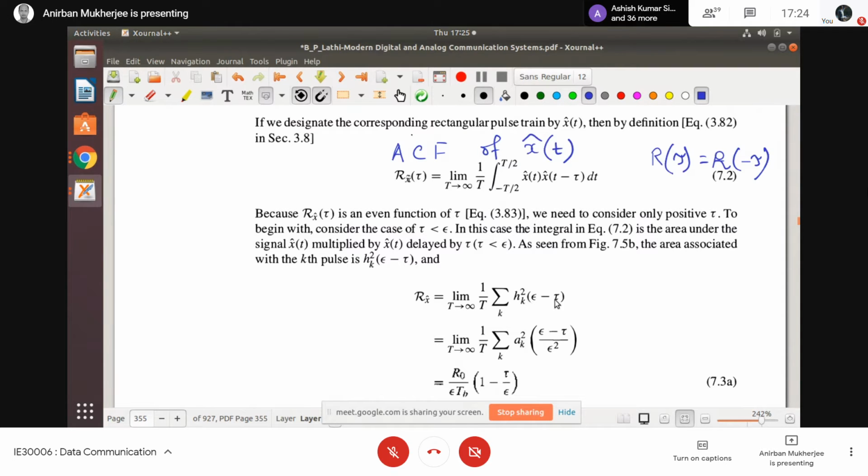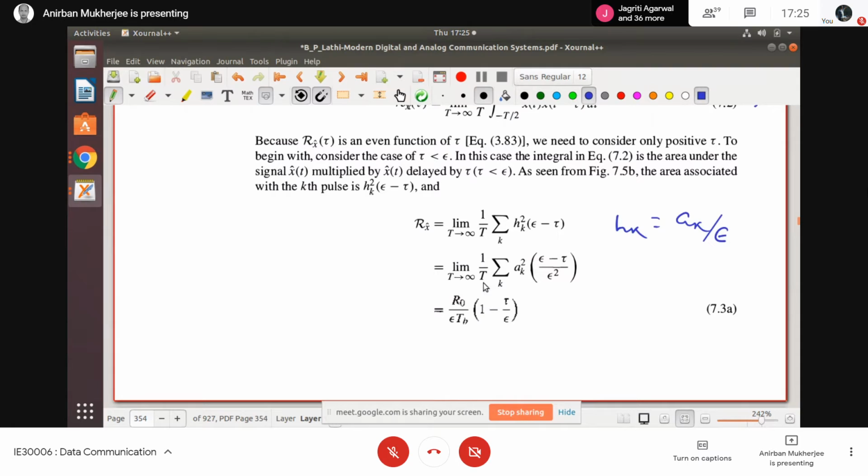So it is hk square of epsilon minus tau, and I am taking summation over k and just 1 by T. And if you do a little bit of modification, if hk equals ak by epsilon, and this 1 by T I am writing as T equals n into some symbol duration, say Tb.